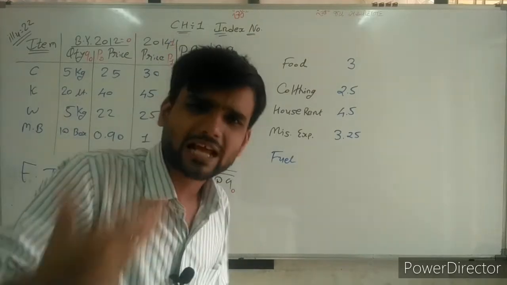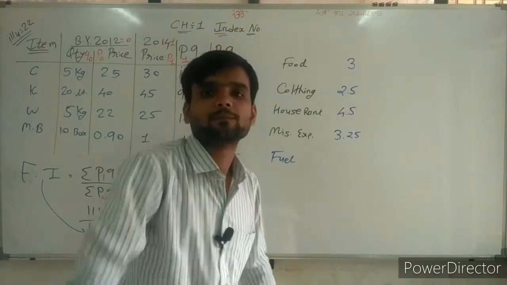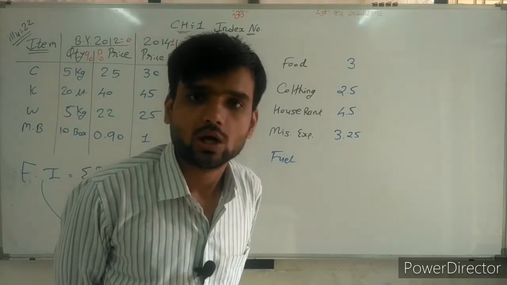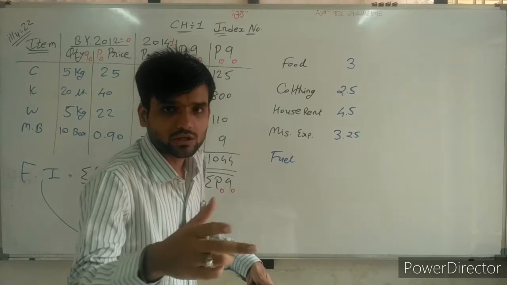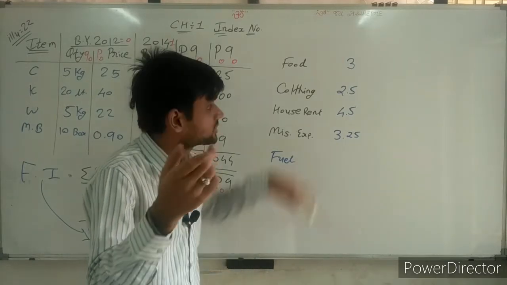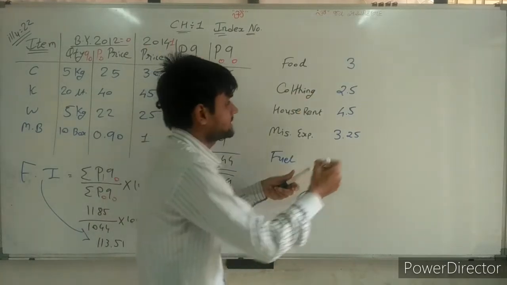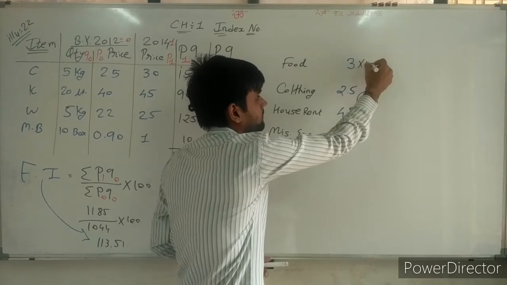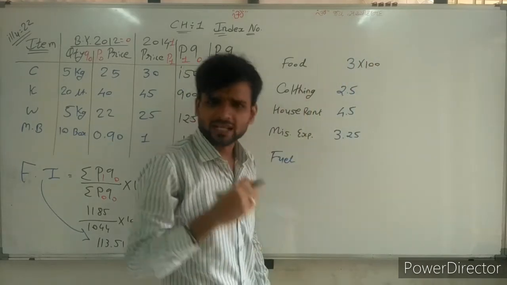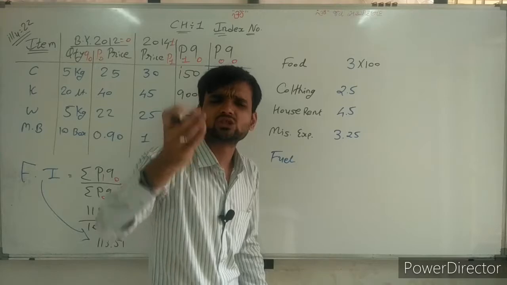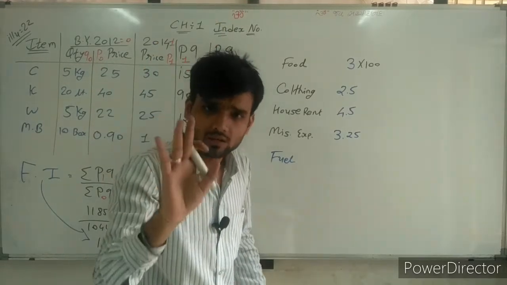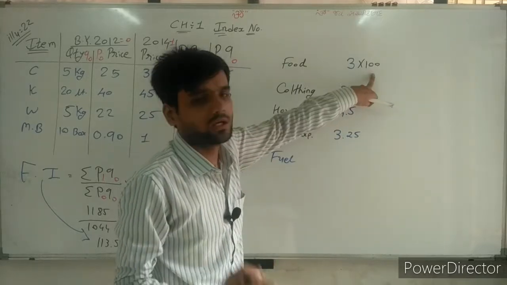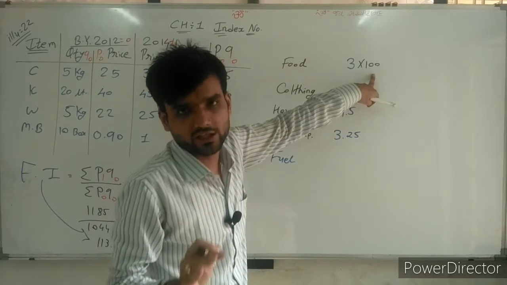Now what is meant by times? Times means multiplication. So I can say total expenditure is 3 times, it means 100 into 3. I am assuming 100. You can assume 200, 500, 700, whatever you want, but if possible, please only assume 100.